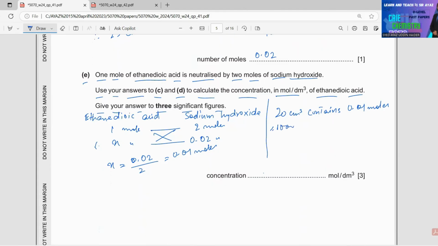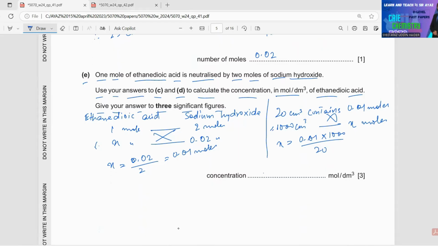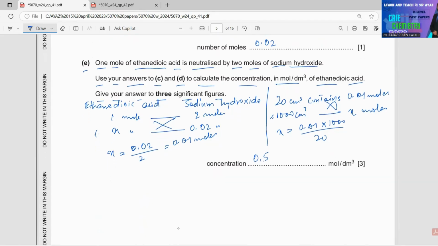Therefore, 1000 centimeter cube contains X moles. In this way, we'll get mole per dm cube. The answer must be mole per dm cube. 0.01 multiplied by 1000 divided by 20. You'll be getting 0.5 moles per dm cube. This will be the strength of ethanedioic acid.